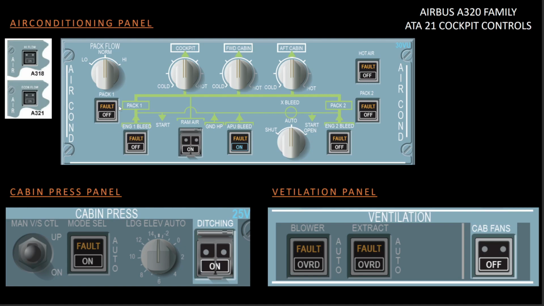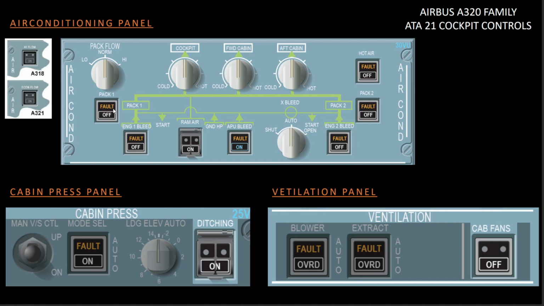So for this particular push button, the off function, so you can see that there is a fault legend and off legend, the off function is directly connected to this. The signal from this push button directly goes to the flow control unit's flow control valve on-off solenoid.